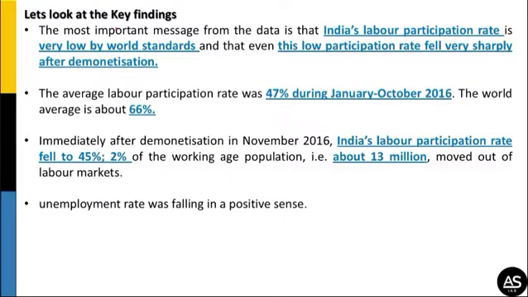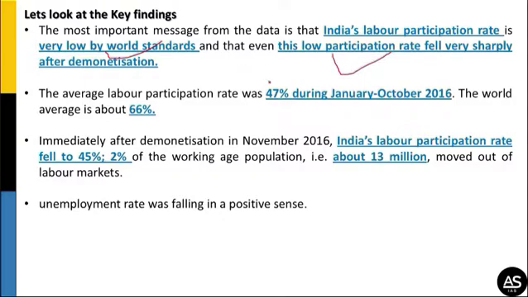Okay, so let's look at the key findings. The most important message from the data is that India's labor participation rate is very low compared to the world standard. Even though our unemployment rate is quite low, the participation rate fell very sharply after the demonetization.